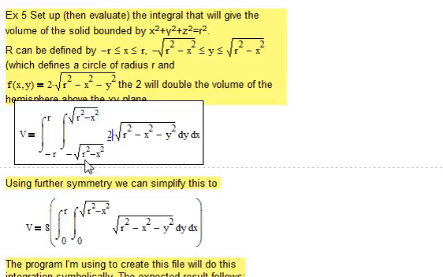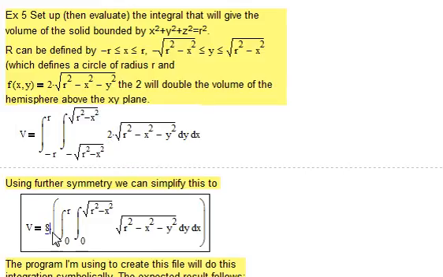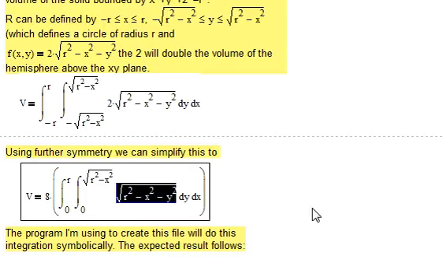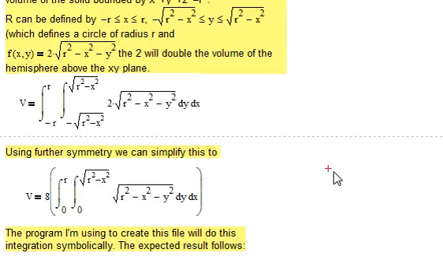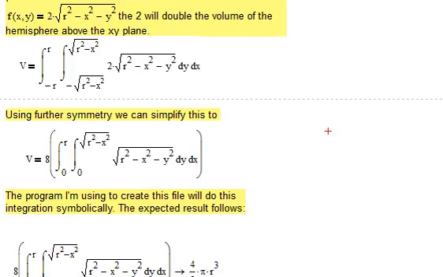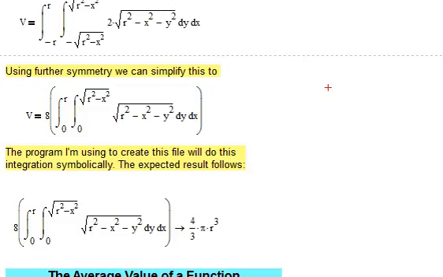And then instead of going from negative square root of r squared minus x squared to square root of r squared minus x squared, I go from 0 to square root of r squared minus x squared, and that doubles it again, giving us 8 times the integral from 0 to r in the x limits, 0 to the square root of r squared minus x squared in the y limits of this awful thing here, square root of r squared minus x squared minus y squared. My program will do this symbolically, and the expected result follows.